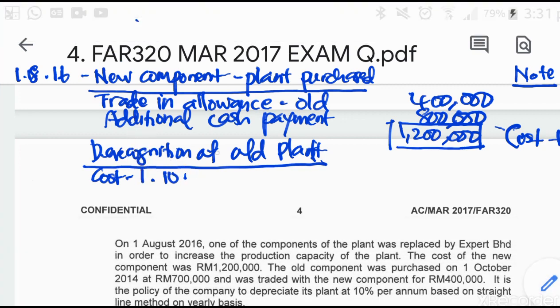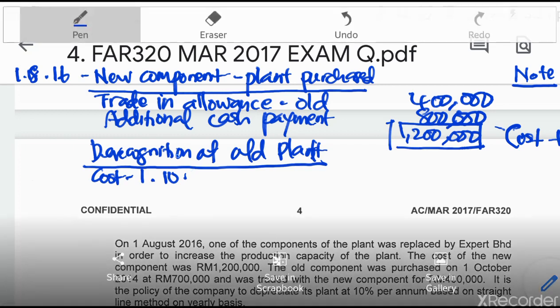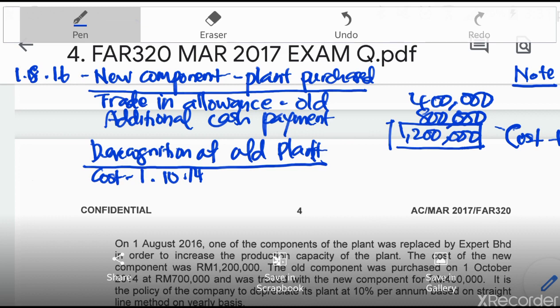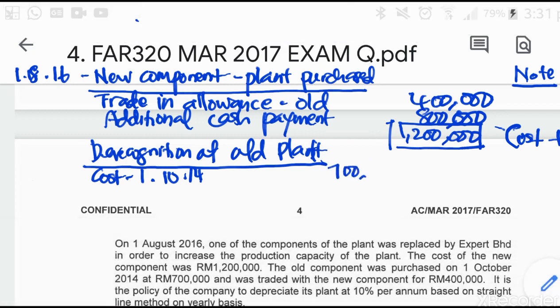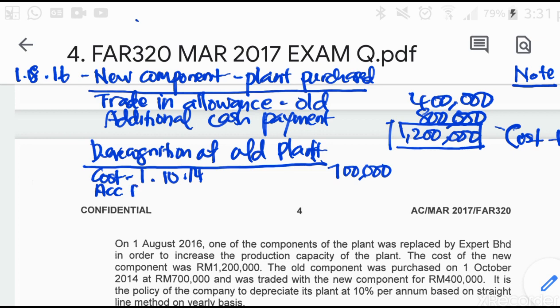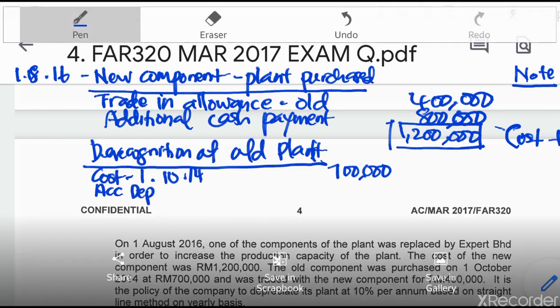1st of October, you purchased it in 2014. And that was initially 700,000. And of course, from 1st of October until the day you dispose, which is on 1st of August 2016, yeah.